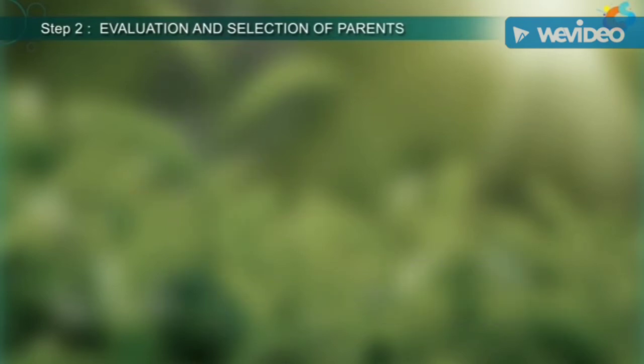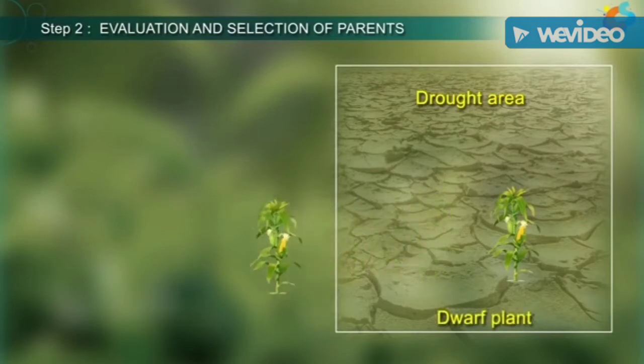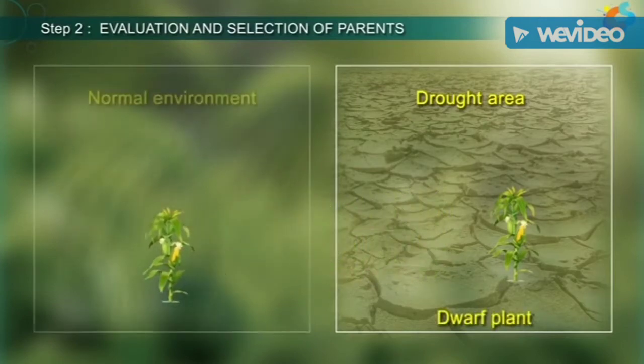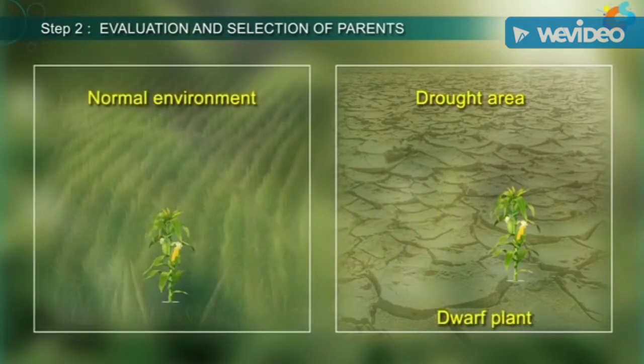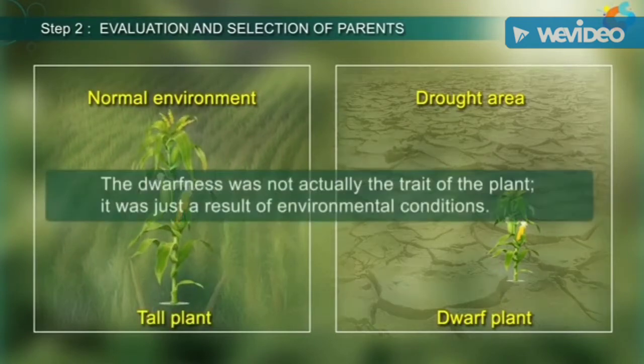For example, suppose researchers collected a dwarf plant from a drought region and named it as dwarf plant. But when this variety was cultivated under normal environmental conditions, the plant grew tall. It means that the dwarfness was not actually the trait of the plant. It was just a result of environmental conditions.